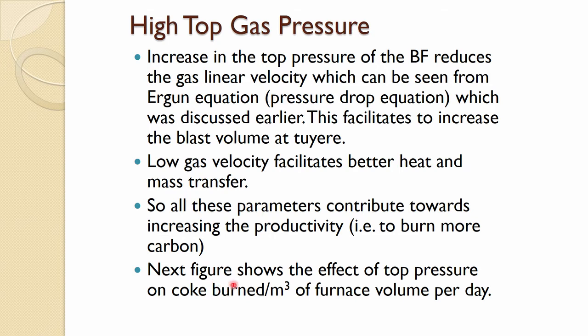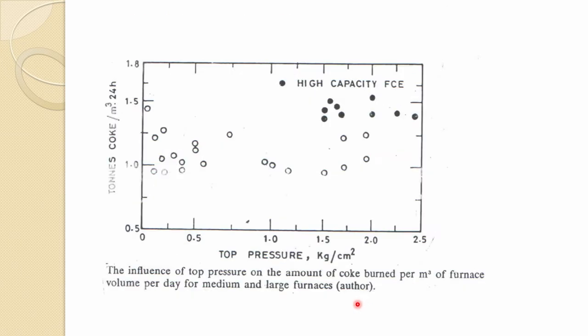So, the next figure shows the effect of top pressure on coke burden per meter cube of furnace volume per day. You can see that as the top pressure increases, these are really high capacity furnaces which are being used nowadays. This is somewhere in the 80s, so quite old, but these are the ones being used nowadays.